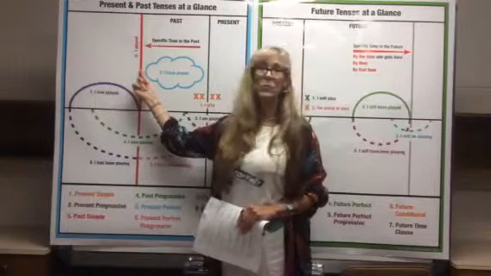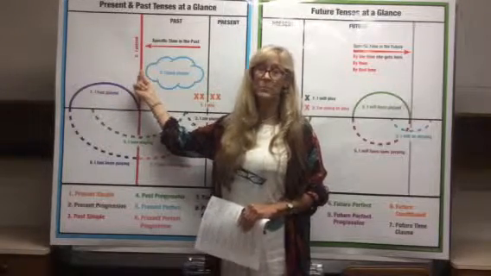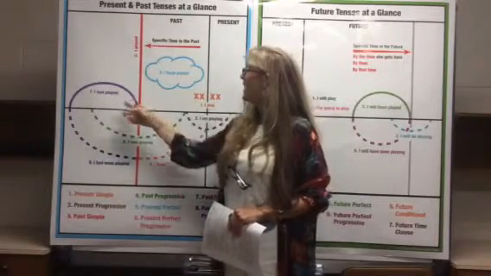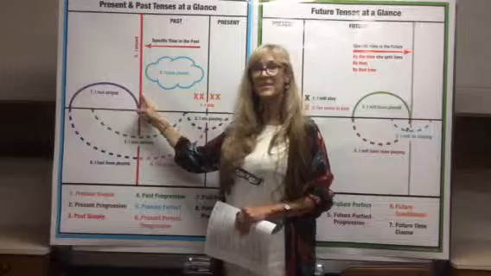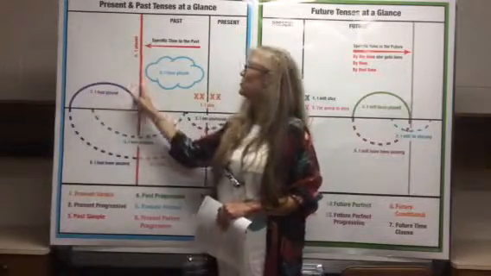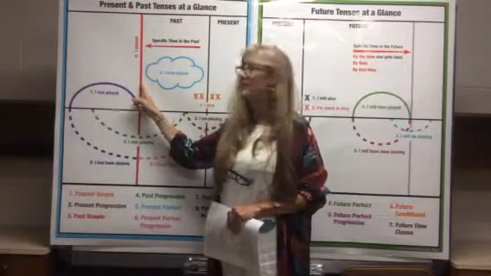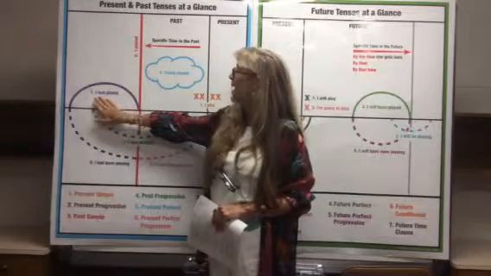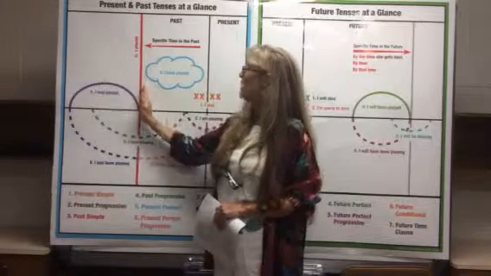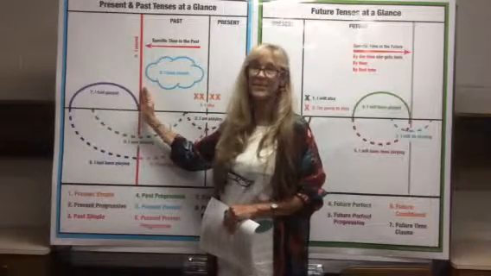The second event will go in past simple. Okay, before I ate breakfast, I had showered. I had showered before I ate breakfast. Okay, so you'll see past perfect always before another event in the past simple.